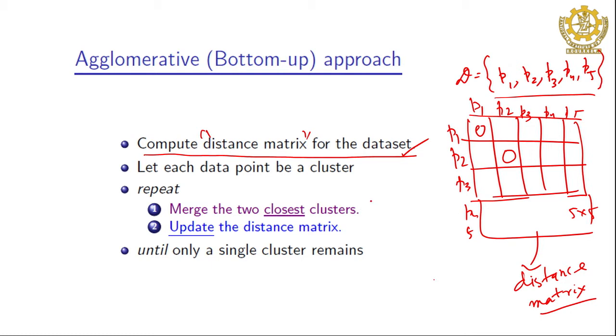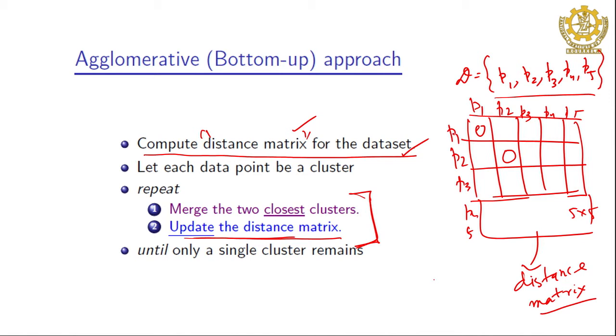Now, this is important: merge the two closest clusters and update the distance matrix. This distance matrix represents not only the distance from one point to all other points, but also the distance from one cluster to all other clusters.